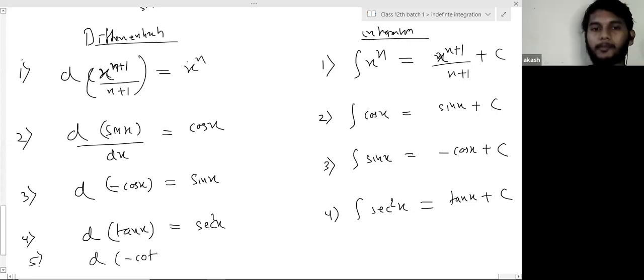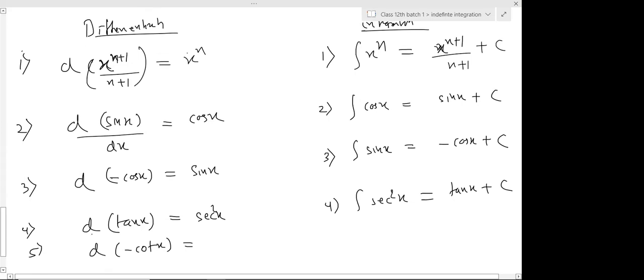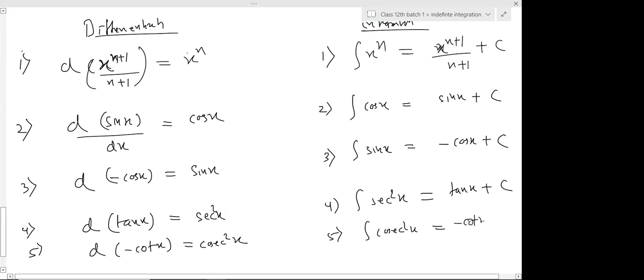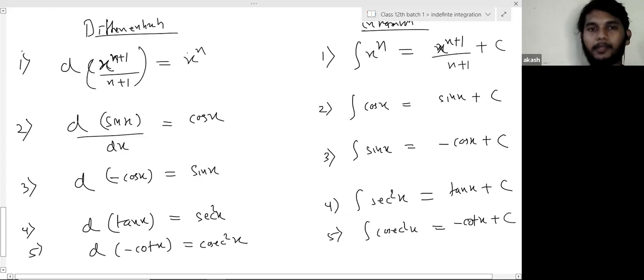Differentiation of minus cot x is cosec square x. So integration of cosec square x is minus cot x plus c. All right, please note it down. Then I'll change the page.